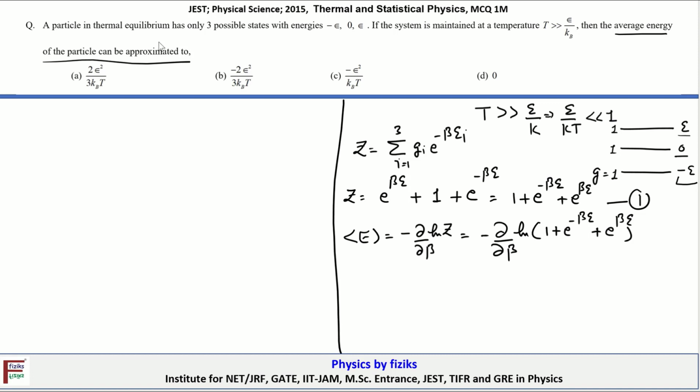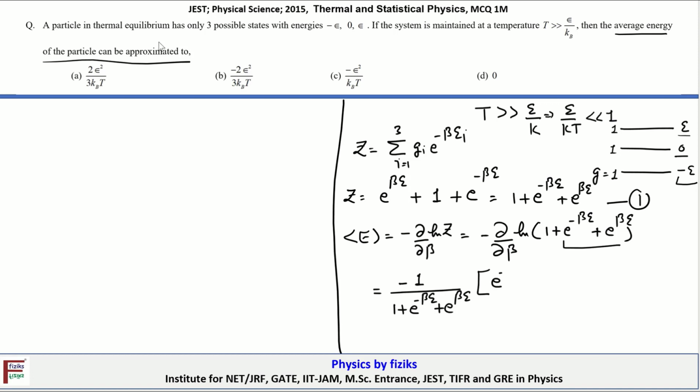Okay, so upon differentiation, this will give us minus 1 upon (1 plus exponential minus beta E plus exponential beta E), and then the differential of these terms with respect to beta.